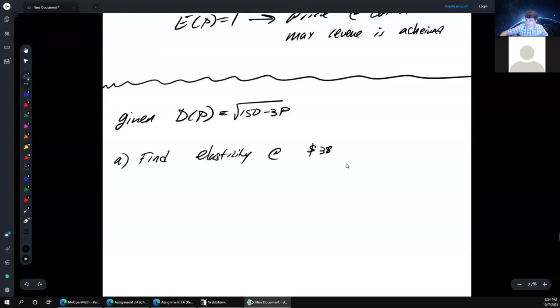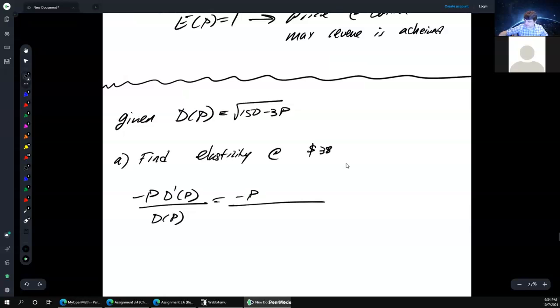Okay, so remember that what we're going to do is take negative P times the derivative here, all over the original function. This one doesn't have such an easy derivative, so we're going to work that out a little bit separately. The bottom's going to stay the same, square root of 150 minus 3P.